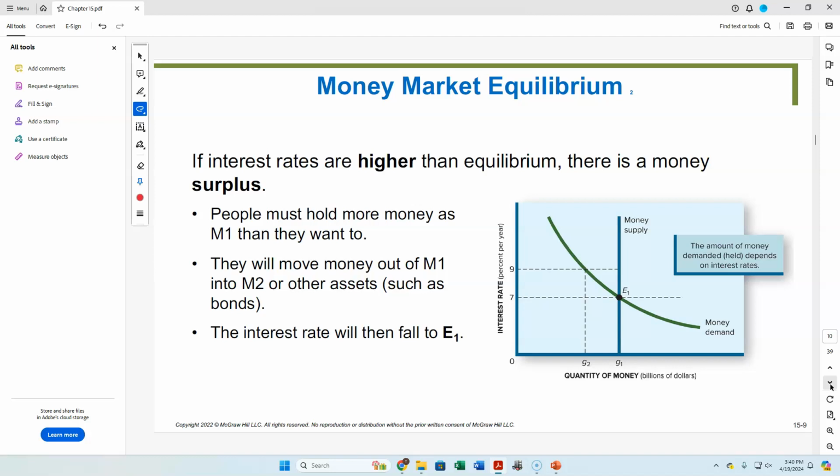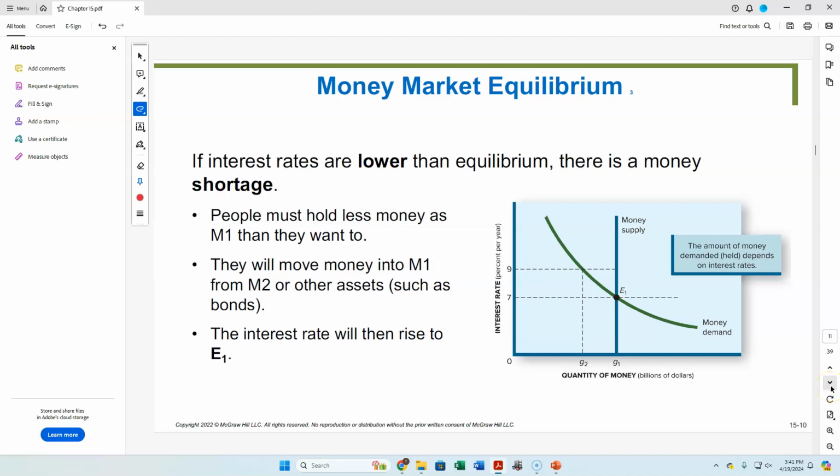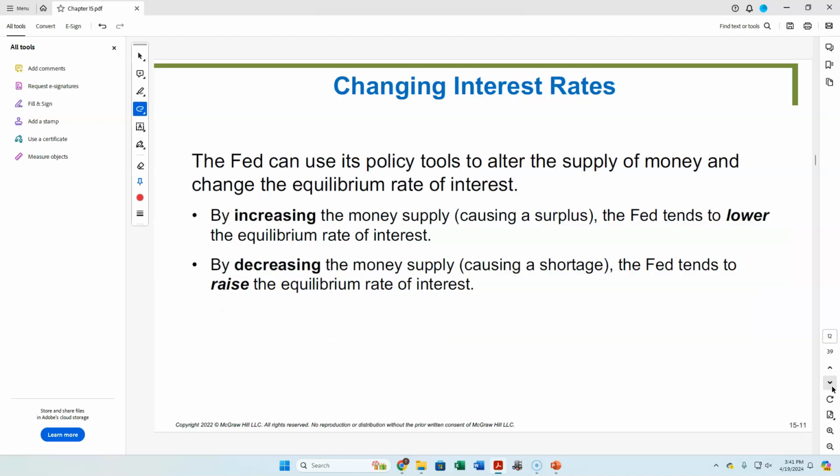The money market is quite efficient. But obviously, if the interest rates were higher than equilibrium, there would be a surplus, and then there would be downward pressure on the interest rate. And the opposite, if interest rates were lower than equilibrium, then there would be upward pressure, bringing us back to equilibrium.